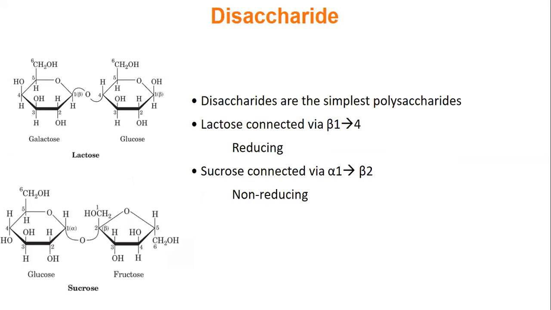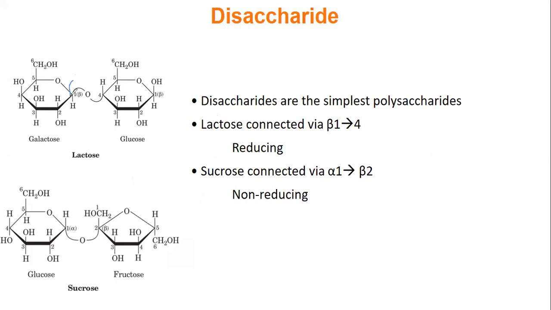So we just looked at reducing versus non-reducing. Now we have to learn how to name this linkage. And it's super easy. What you do is, if it's an anomeric carbon in your glycosidic bond, you have to call it alpha or beta.